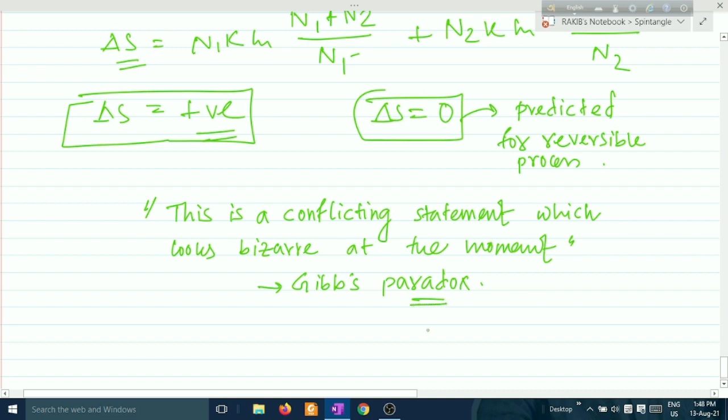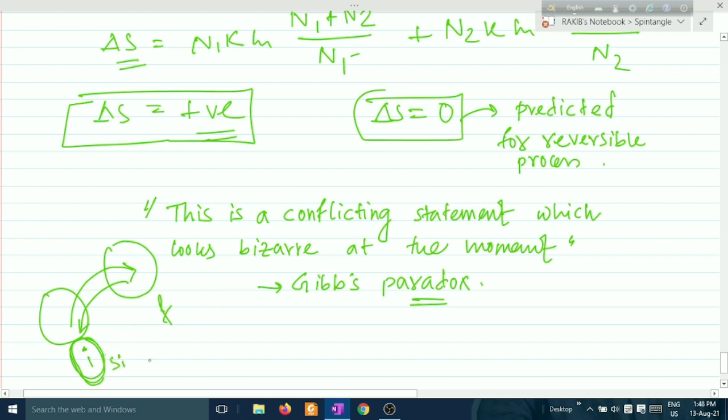Okay, I am elaborating this thing again and again. It means mixing of two gases. Say the system was initially at this point, and then the system goes to this point, and then again the system comes back to the initial position. Then what is your final position? Your final position is the initial position also, because you are in a reversible cycle. So you have started from this thing.